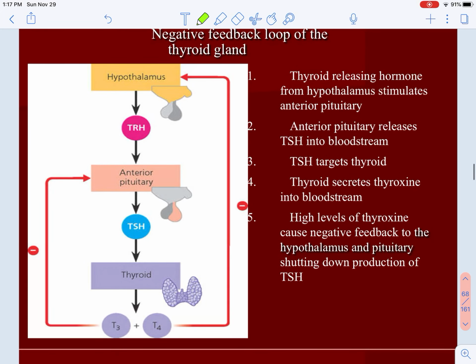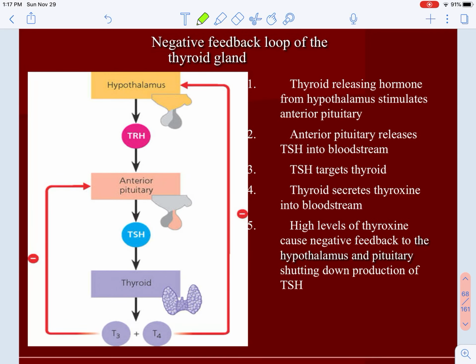So you had seen this sample feedback loop earlier, and so now you can maybe have a better sense of what would happen. In response to low metabolism, your hypothalamus will make a releasing hormone, which in this case we write, instead of RH, as TRH, thyroid releasing hormone.